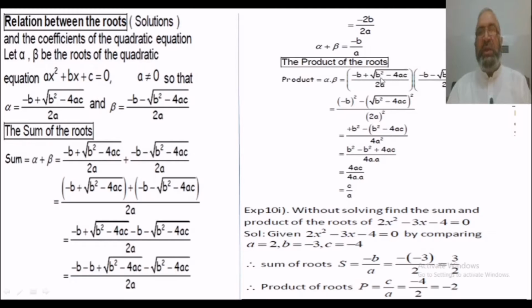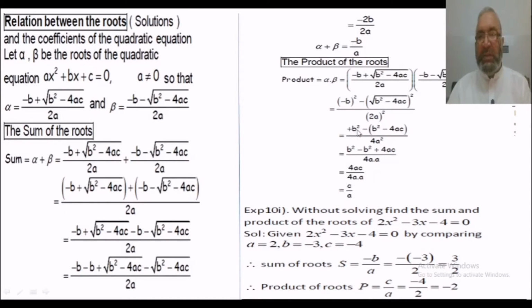Using that formula, a square minus b square form, minus b square is the square of the first term minus the square of the second term, the square root of b square minus 4ac squared, divided by 2a squared, that is 4a square. Now simplifying the square, minus b square becomes plus b square, minus the square root cancels, we get minus into b square minus 4ac.